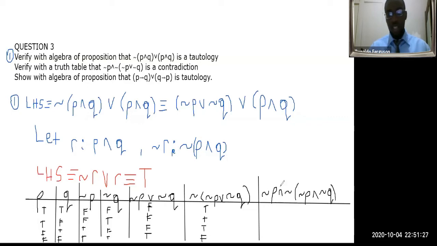Then we need the negation of P and the negation of the negation of P and the negation of Q. So we need the negation of P and this table right here. False and true is false. False and true is false. Then false and true is again false. And then the third one is true.